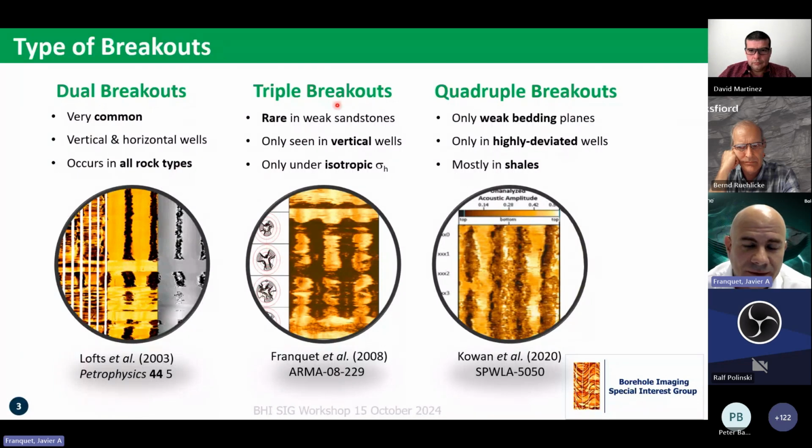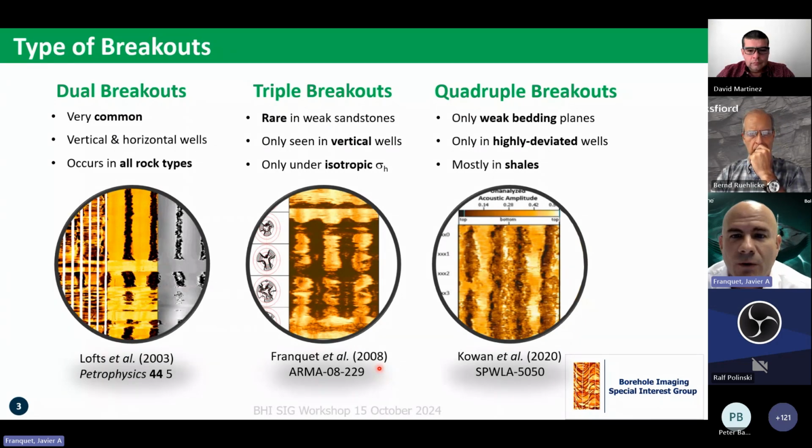Now, triple breakouts are more interesting and very rare. I have only seen them in weak sandstones. I published a paper back in 2008 where there was a lot of conversation and discussion about it. We saw them in 3 different log services. It was not only one service provider; we ran the 3 major service providers in this field, and all of them acquired these triple breakouts.